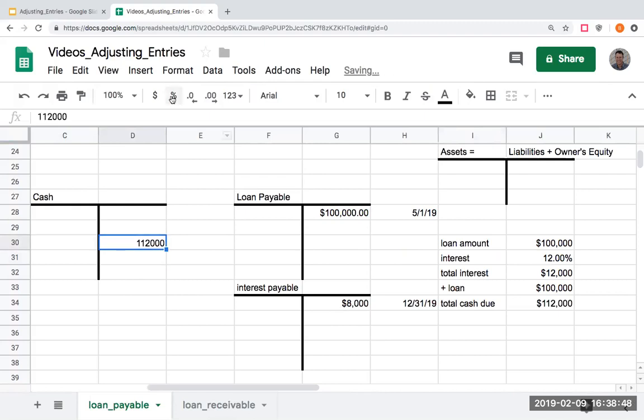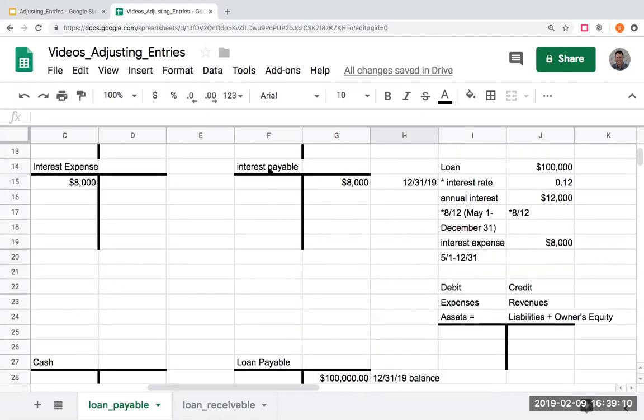So when I pay back the loan, I'm crediting cash here for $112,000. And many of you might be saying, well, why didn't you just show this over here as being loan payable?